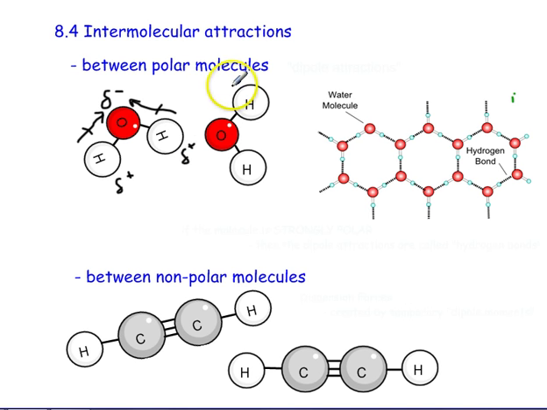Now, if we do the same thing over here on the second water molecule, showing that the electrons are being pulled towards the oxygen, we'll see here that this oxygen has a slight negative charge, and these hydrogens have a slight positive charge.